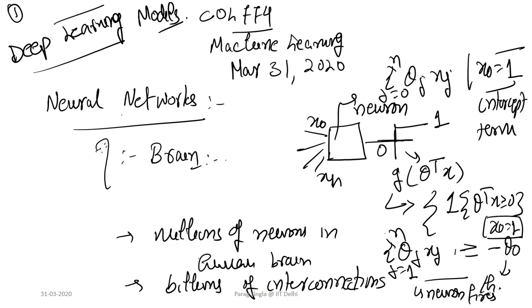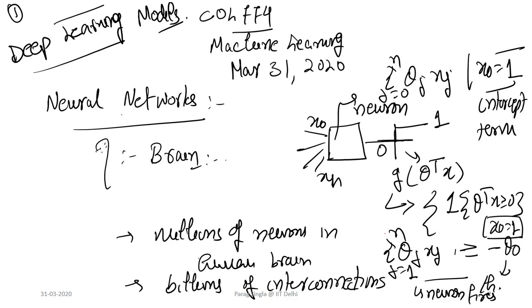And you could also write it as the summation of theta j x j over j equal to 1 to n being greater than or equal to minus theta 0. This can be thought of as the threshold that you really worry about, because x0 is 1.